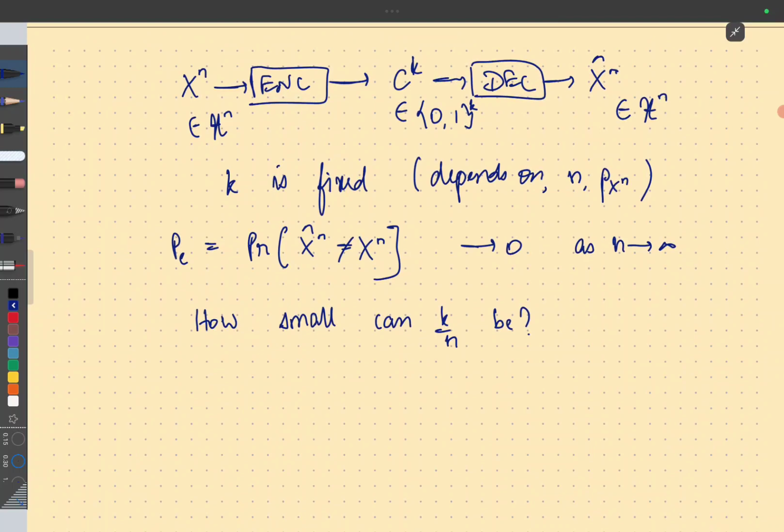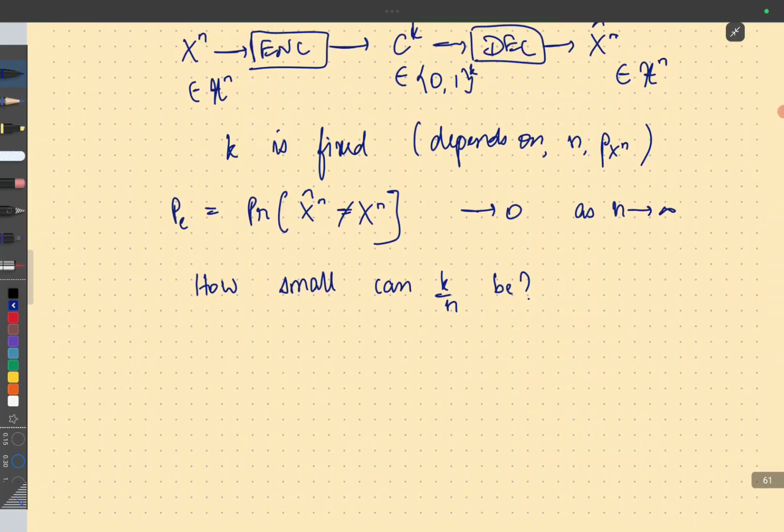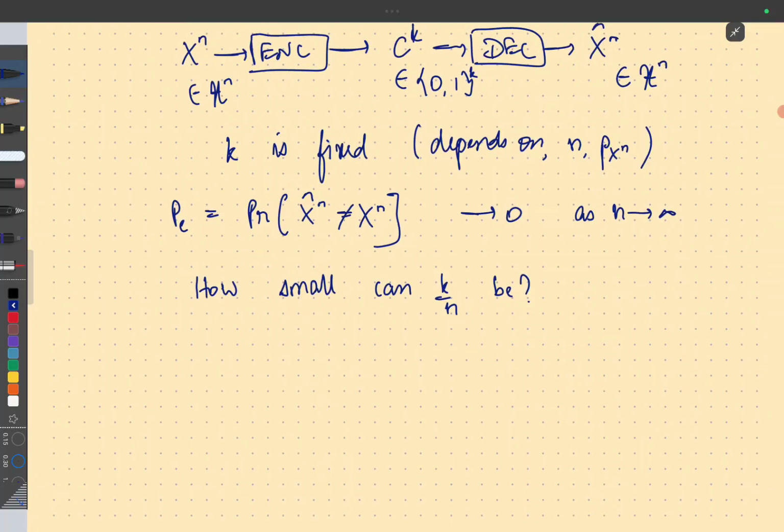But it requires a little more than that. You can't just directly use Fano's inequality, because Fano's inequality only gives you something in terms of a conditional entropy. But my goal will be to connect the smallest k over n with the entropy of xn.